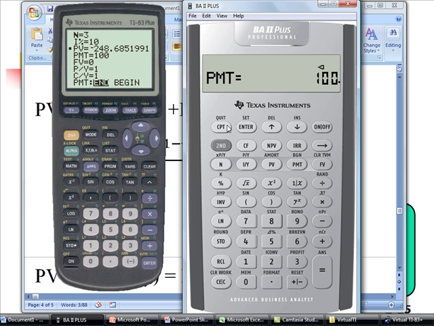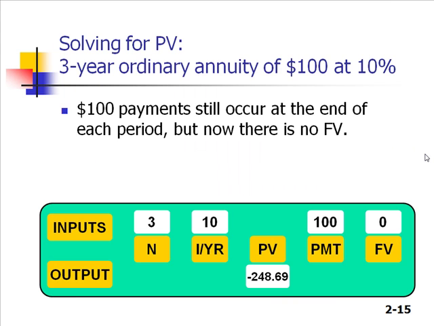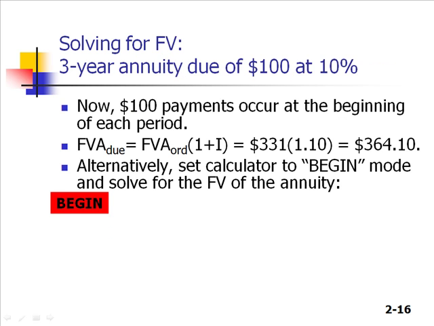It was already cleared out. And then compute the present value, and we end up with, not surprisingly, 248.69. Okay, so we've seen a number of ways now that you can get the present value for an annuity. And it's good to see that you can work the problem more than one way.